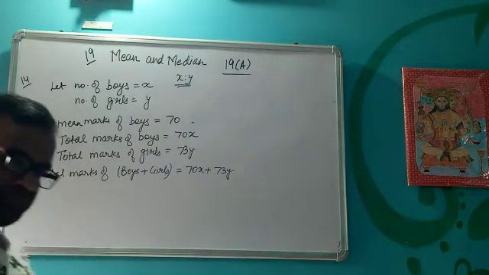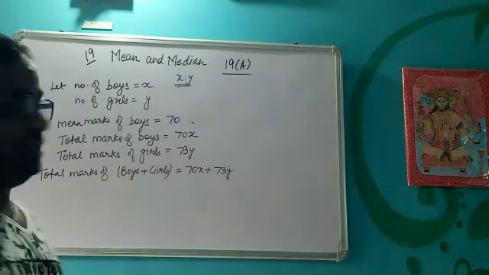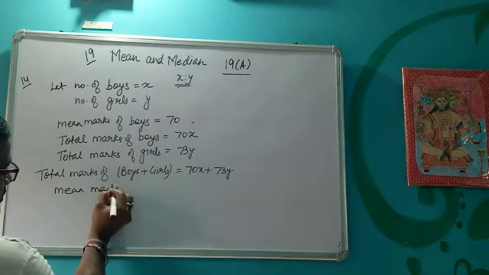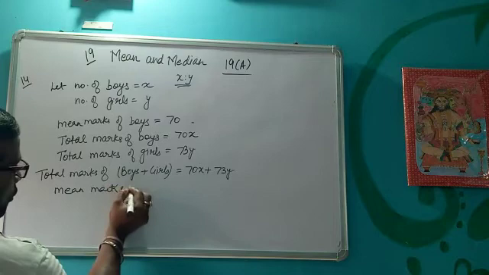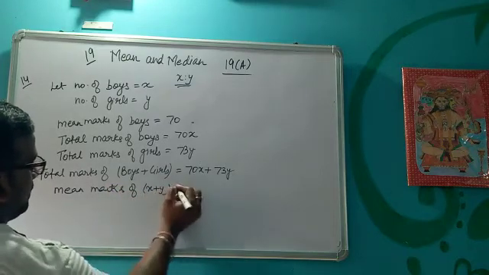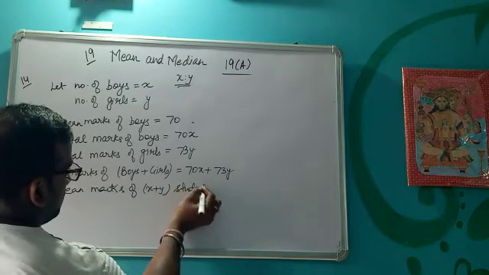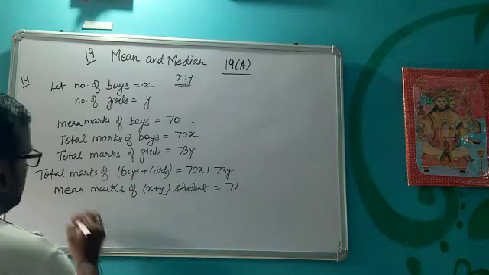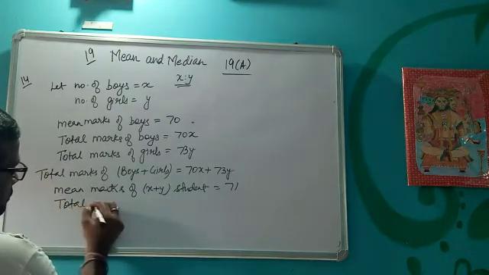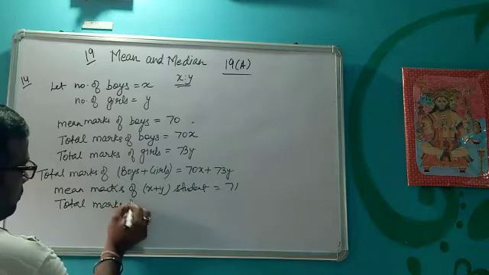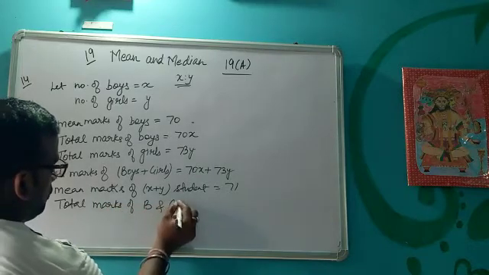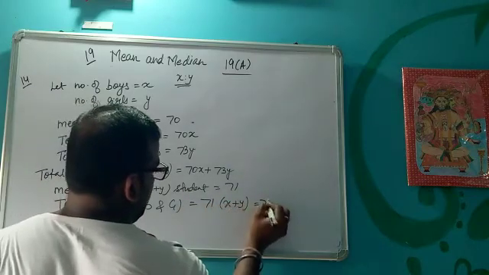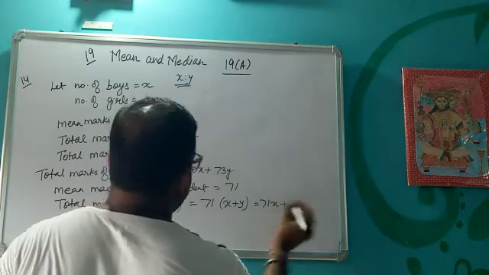Now what is given? The mean marks of all the students is 71, and all students means x plus y. So the total marks of boys and girls both will be 71 into x plus y, or we can write 71x plus 71y.